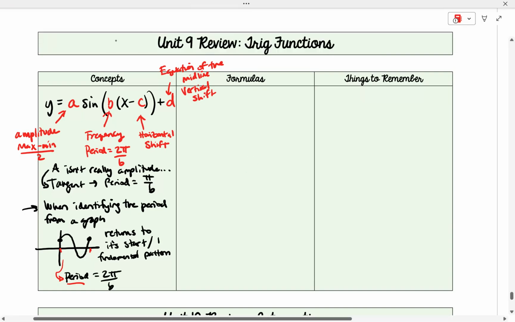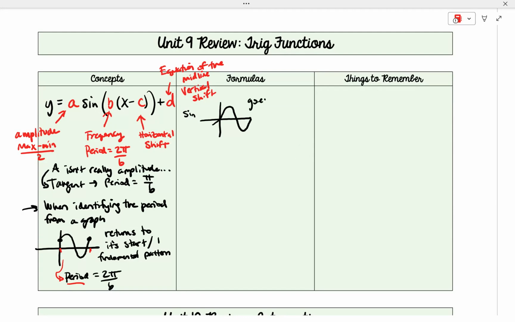So when you're thinking of a sine curve, it goes through this, and then it goes like this. So sine goes up first. A lot of times they like to see if you're paying attention. If it goes down first, what do you have?